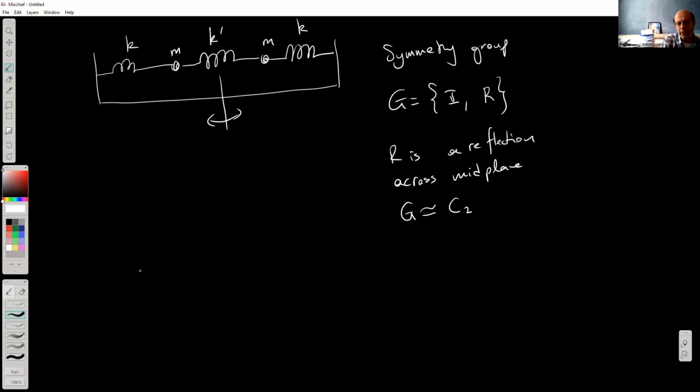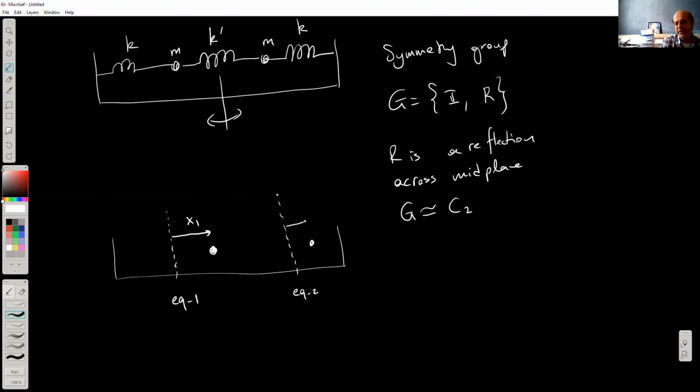So I'm just going to draw this picture again, but this time in a slightly different way. So there's some kind of an equilibrium position of these two masses, right? There are these two equilibrium positions. So I'm going to call the displacement from this equilibrium position by x1, and x2.